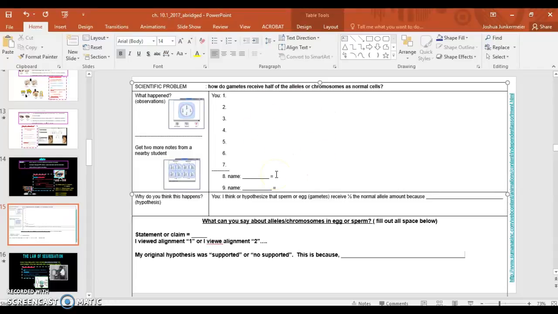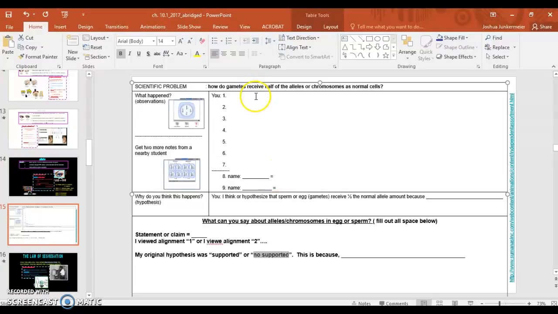But you have to give evidence for what you're claiming. And if you're claiming your hypothesis is supported, you better use your observations to help explain how it is. Or if it's not supported, you need to use your observations, the 9 you had above, to say why it wasn't supported. The more evidence or observations you use to support your ideas, the better the grade.